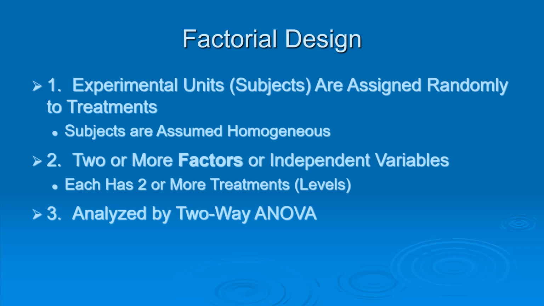Frequently, however, we may be interested in studying simultaneously the effect of two or more variables. We refer to the variables in which we are interested as factors. An experiment in which two or more factors are investigated simultaneously is called a factorial experiment.